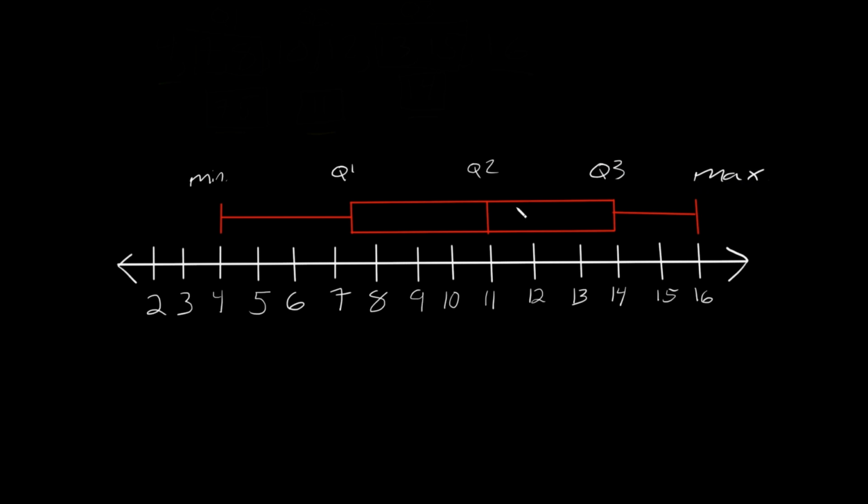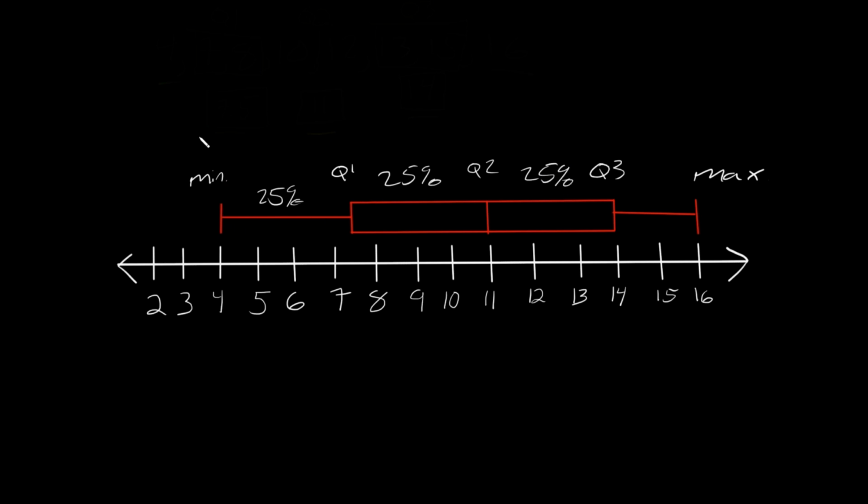In the same way that a quarter is 25% of a dollar, one of these quartiles is 25% of your data set. So in what we previously plotted, 25% of the points are going to lie between 4 and 7.5. So 25% of our data set. And in the same way, 25% is also distributed between every quartile.